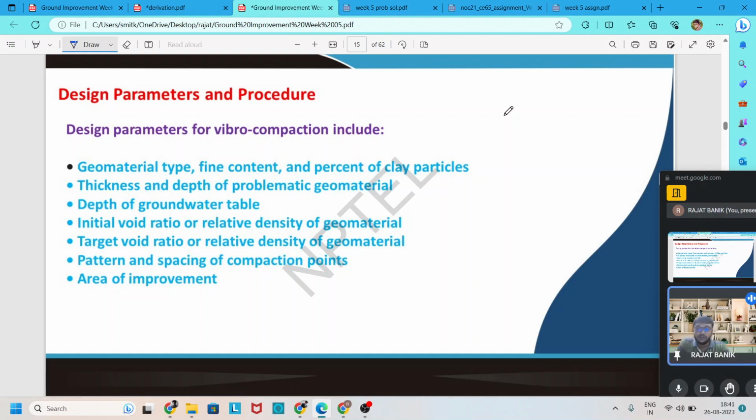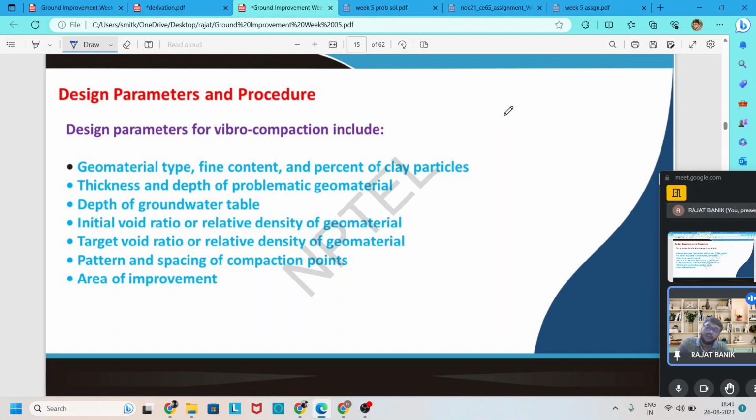It also depends on the thickness and depth of the porosity geometry, and on the depth of groundwater table. We know that whether groundwater table is present or not, vibro compaction is suitable for both cases. It also depends on the initial void ratio and targeted void ratio.